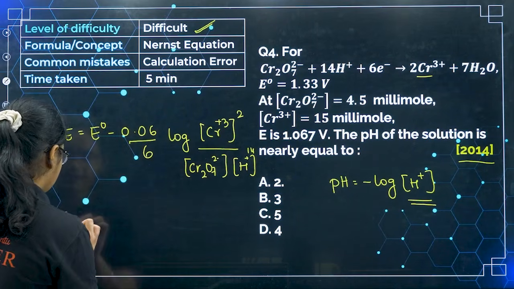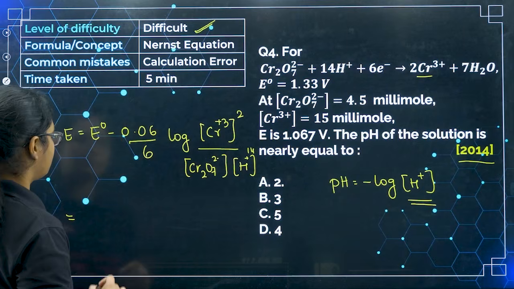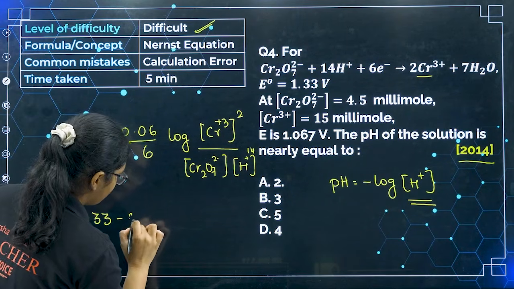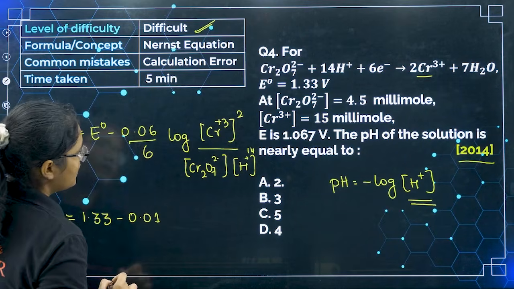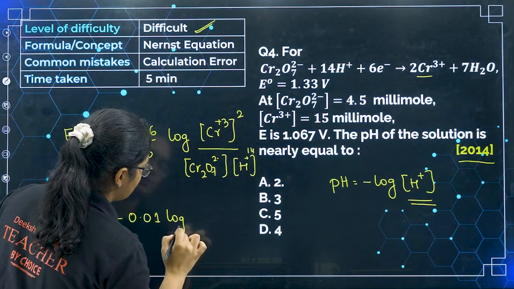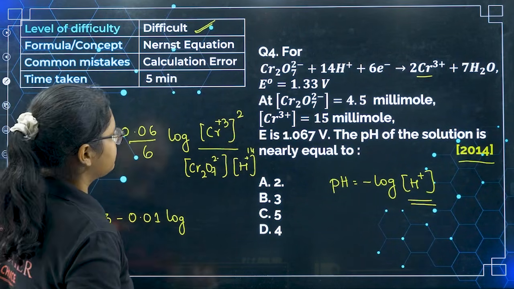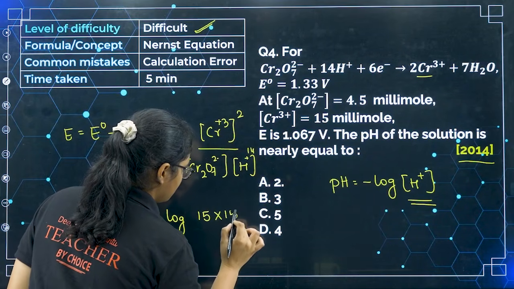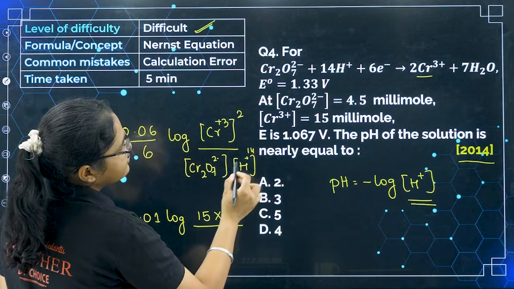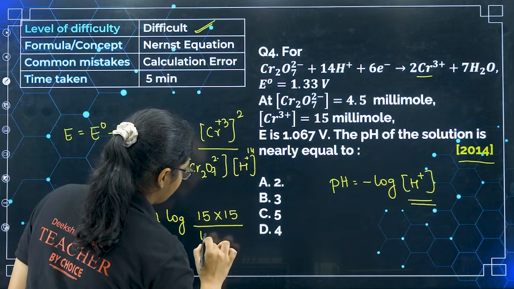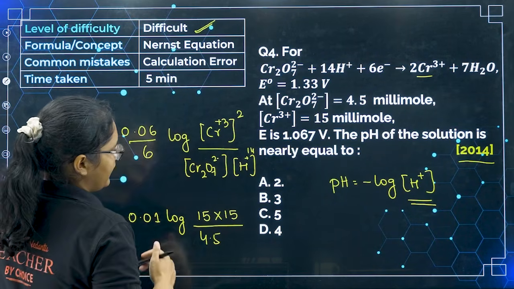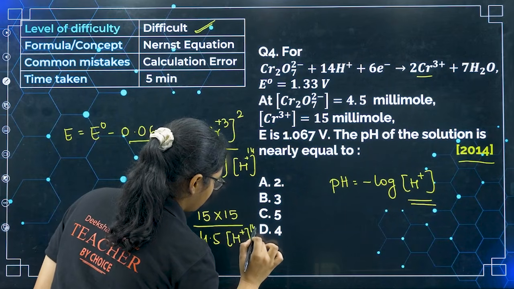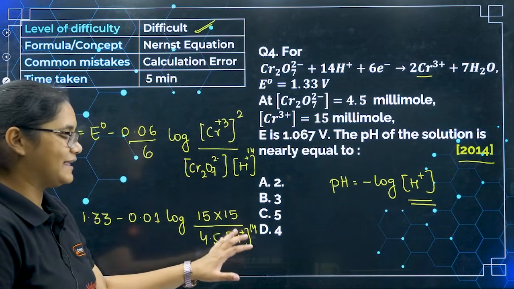So now what is the E naught value, 1.33 minus, here I have 0.01, then I have log, Cr3 plus is 15 square, next I have Cr2O7, it is 4.5, and next I have this H plus to the power of 14. I'll have to keep this as it is.